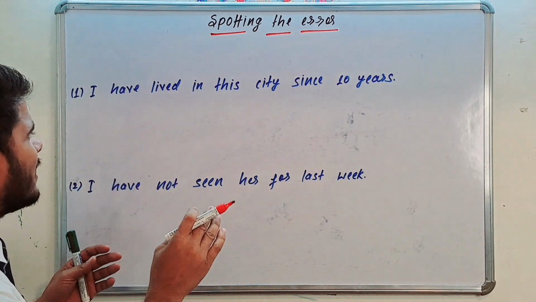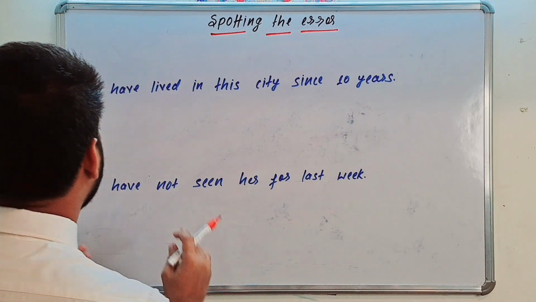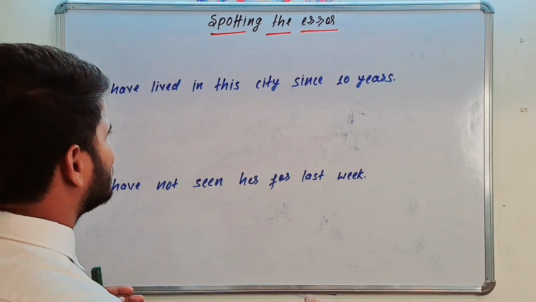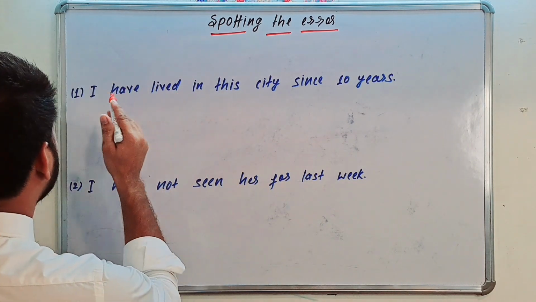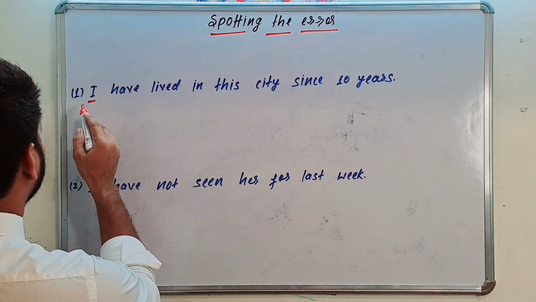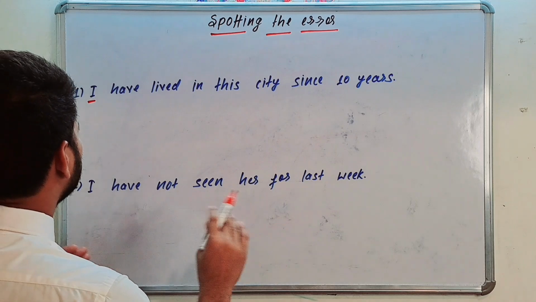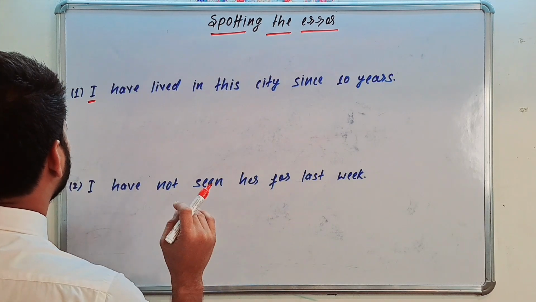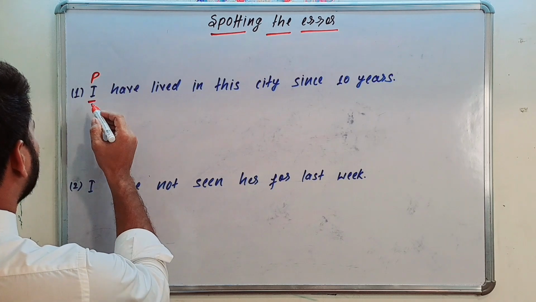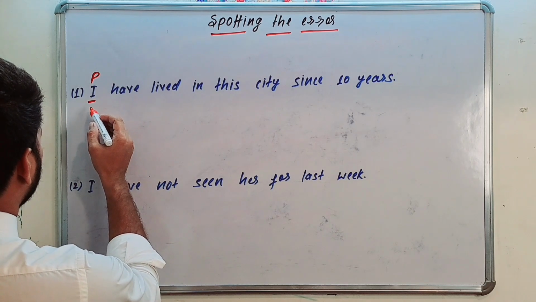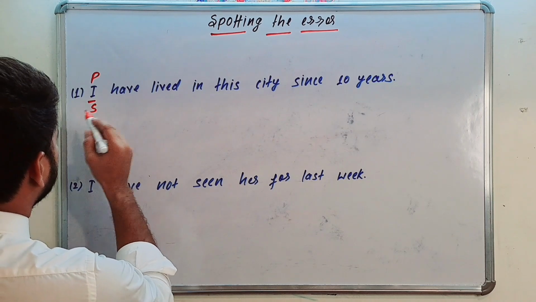Now let's see what the golden rule is. First sentence: I have lived in this city since 10 years. Now let's see the error part. First, I have discussed many times: I, we, he, she, it are called pronouns. The subject includes nouns and pronouns, sometimes phrases. Here "I" is your subject.